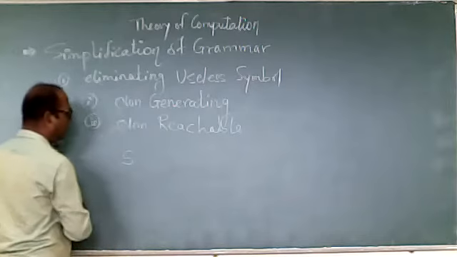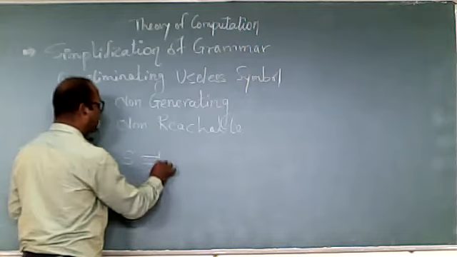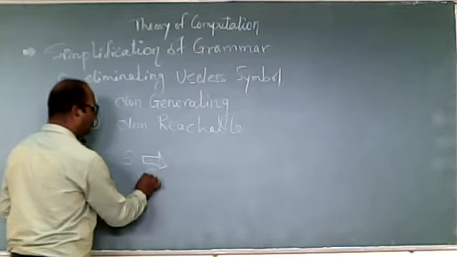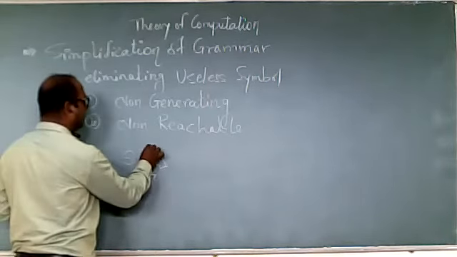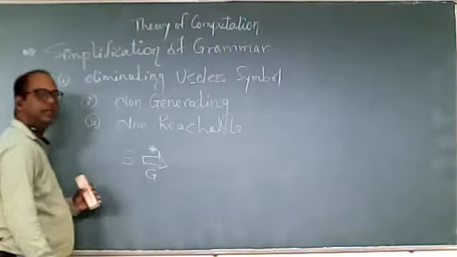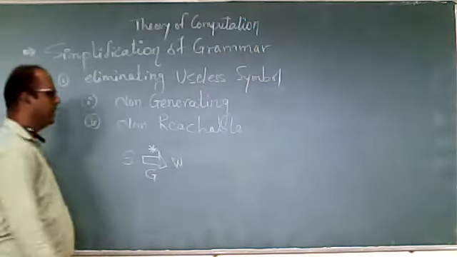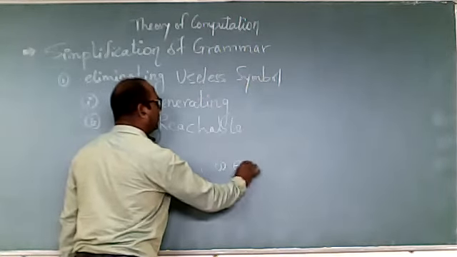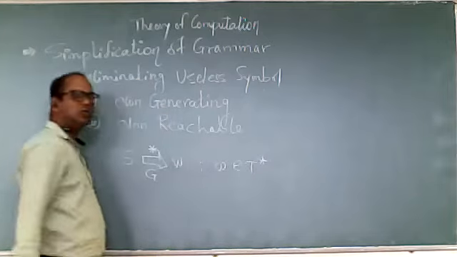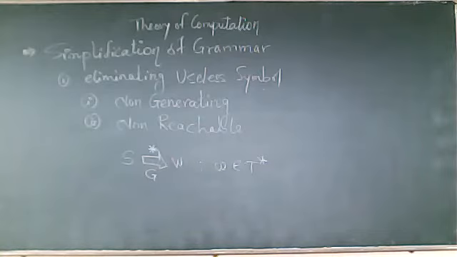Second, how can we write it mathematically or symbolically? If S is a variable and we apply the productions many times, we must reach w, that is a string of the alphabet, where w is made up of terminals, a group of terminals.